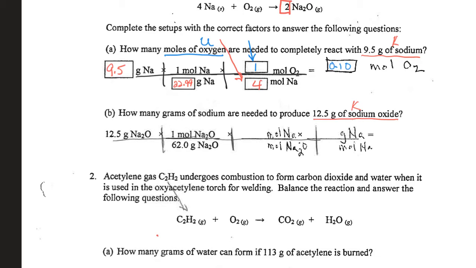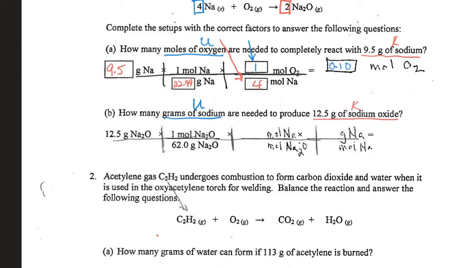Now I'm going to do my unknown. How many grams of sodium? So I'm going to box this. This is now my unknown. The first part of me is done for me. Okay, 25 grams of Na2O.